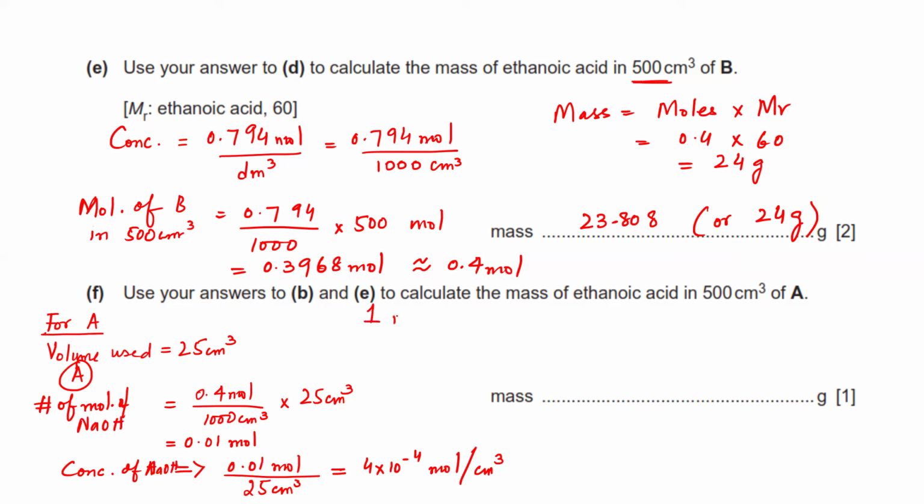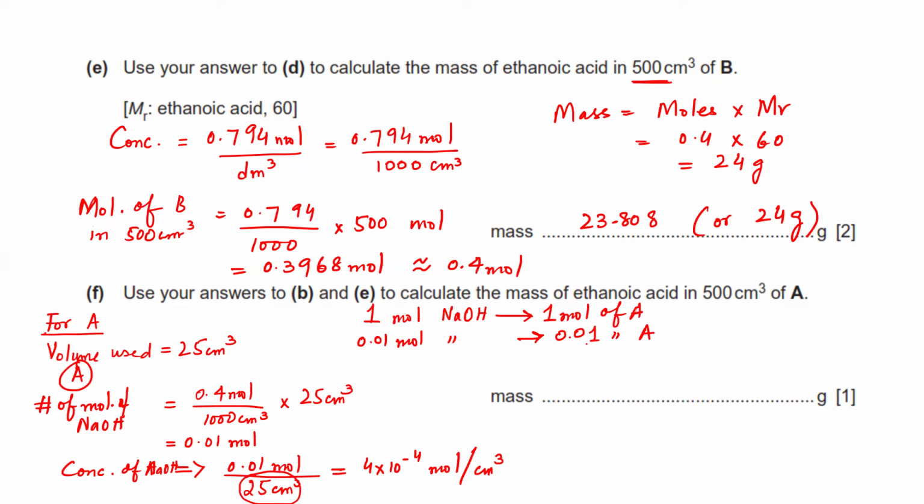So 1 mole of NaOH gives 1 mole of A. So 0.01 mole of NaOH will give 0.01 mole of A. So the volume of A used, remember, is this.